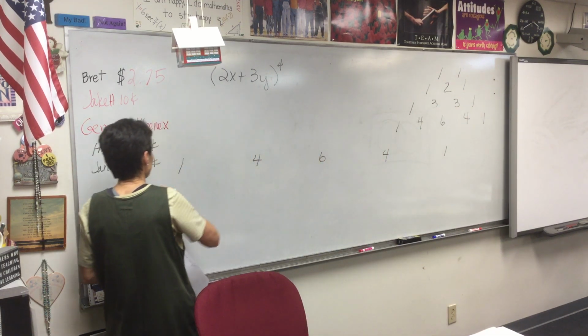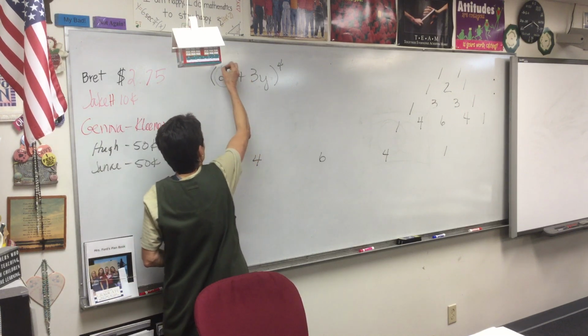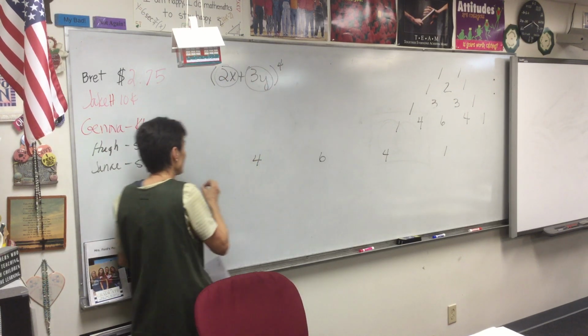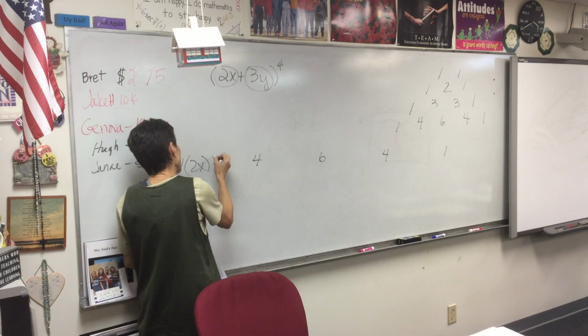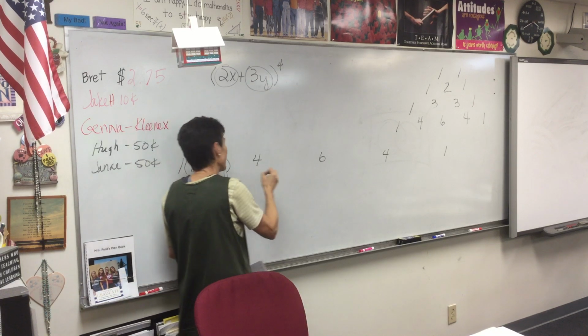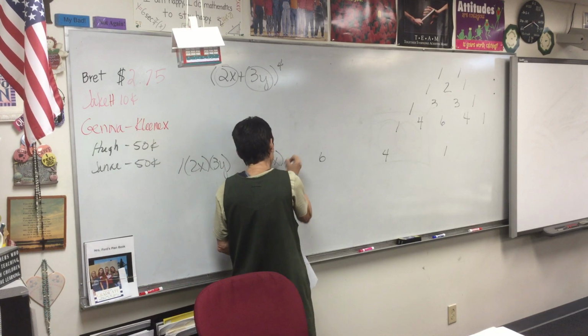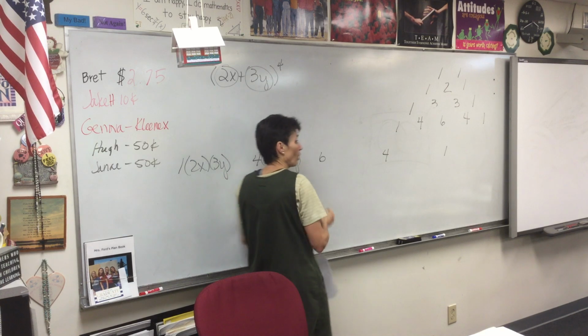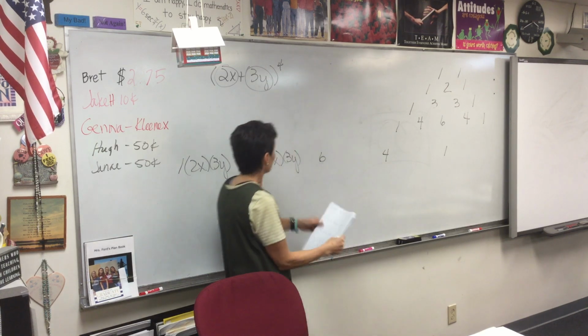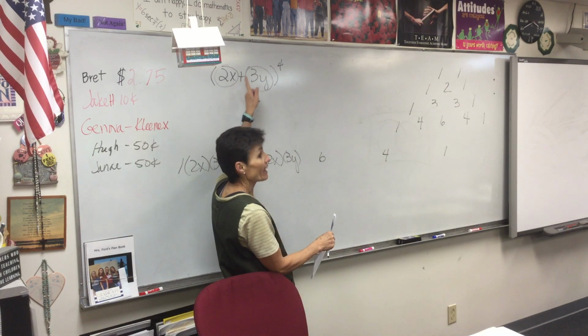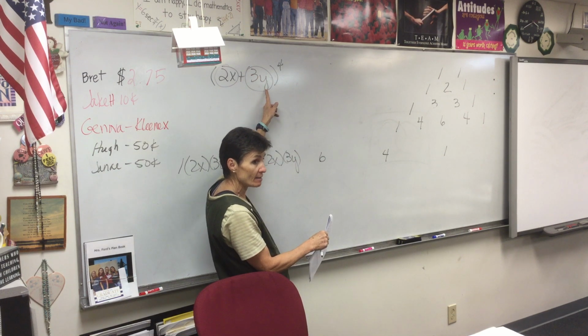Next to each of the numbers, put a 2x and a 3y. Now, don't put a 2x and a 3y next to every number on your quiz. Put whatever is here and whatever is here, right?